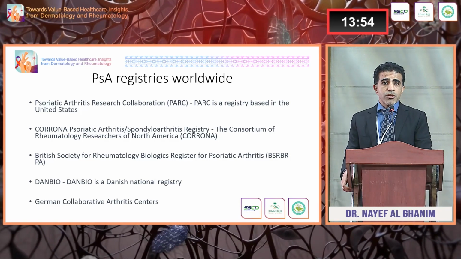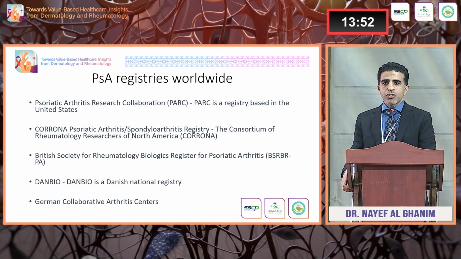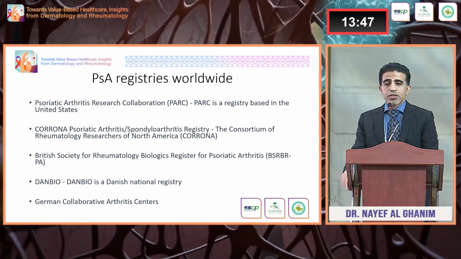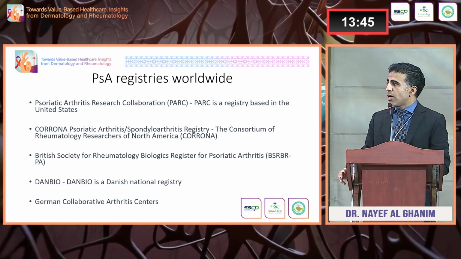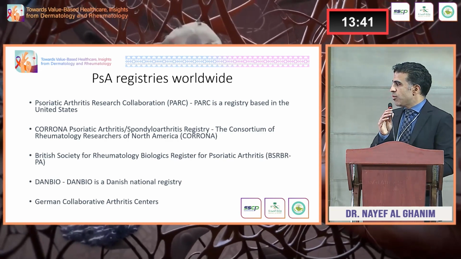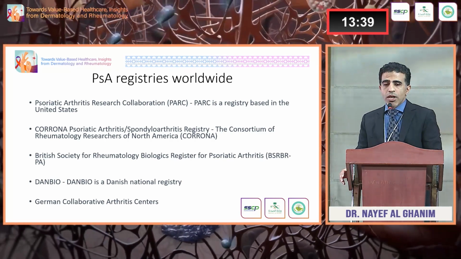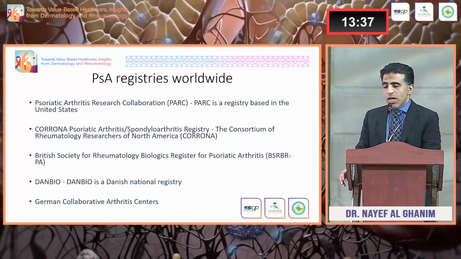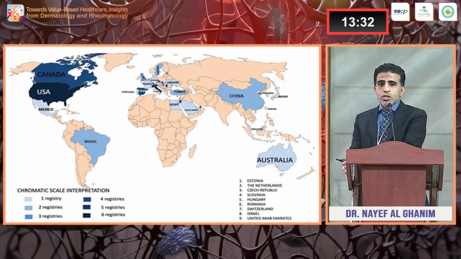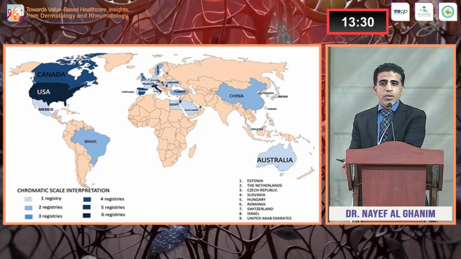One of the most well-known registries are the PARC and Corona in the United States. There is also the BR registry in the UK, the Danbio in Denmark, and the German collaborative arthritis centers.